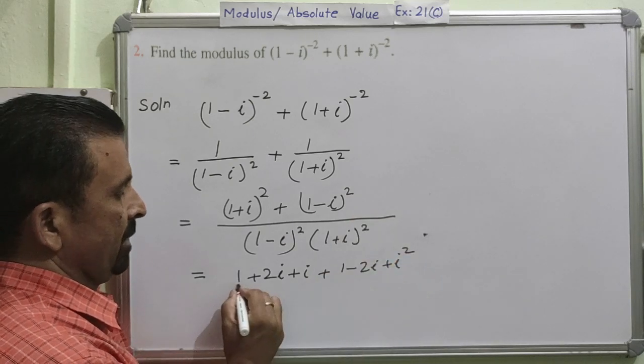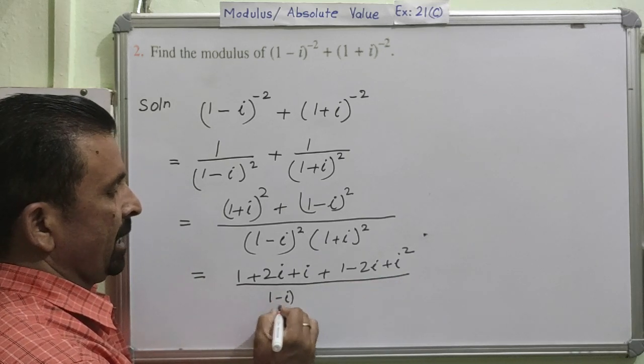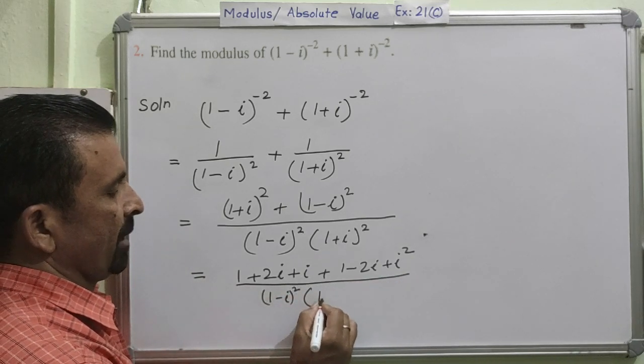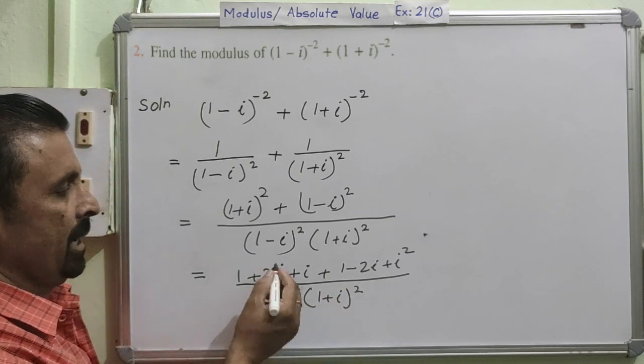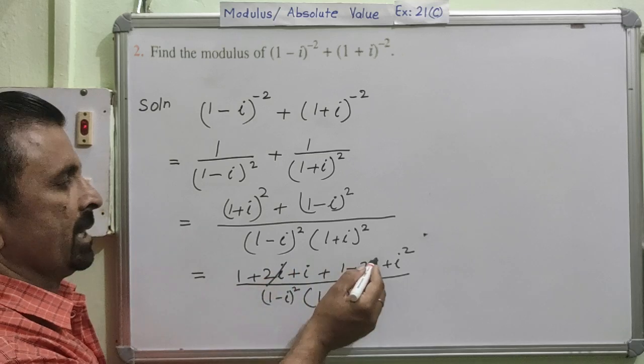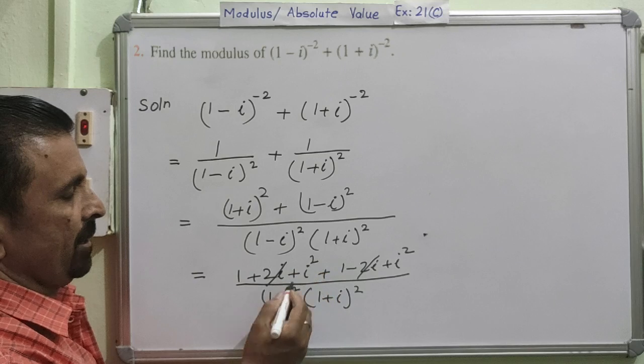So this is i square divided by 1 minus i whole square as it is, and then 1 plus i whole square as it is. Clear? Now we can see here, this 2i and this minus 2i will be cancelled. Okay, sorry, this was also i square.